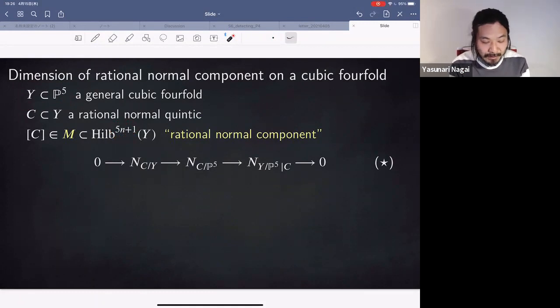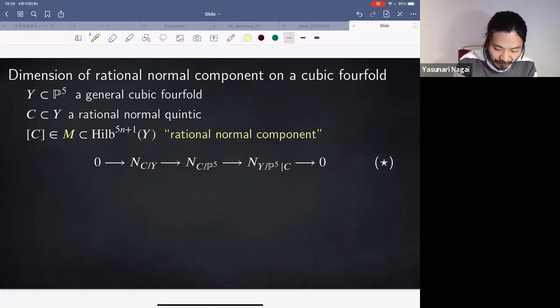Of course, this Hilbert scheme has several components, and I pick an irreducible component that contains the rational normal quintic curve. Then I want to calculate the normal bundle of the curve inside of Y to calculate the dimension of this component and so on.